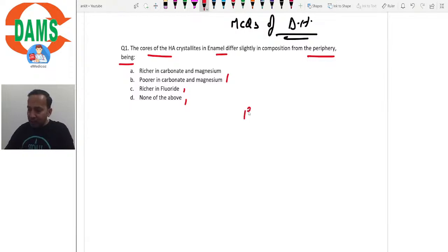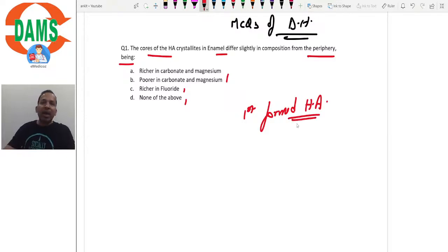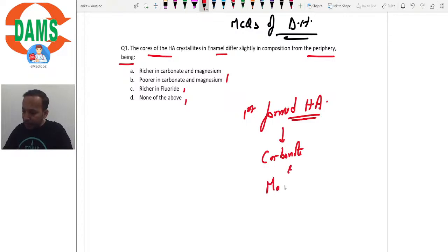So when hydroxyapatite is first formed during amelogenesis, it is richer in carbonate and magnesium.